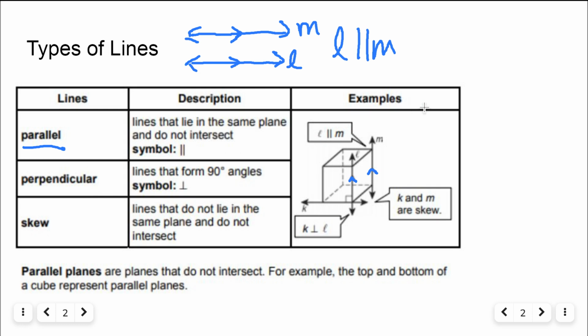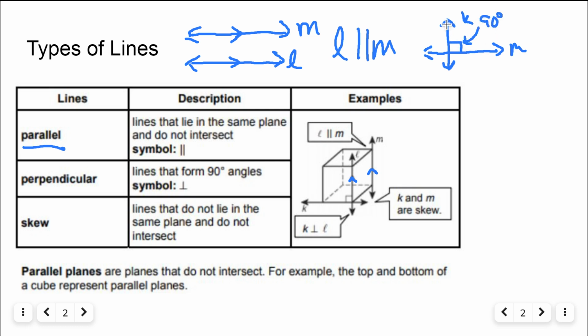All right, next, perpendicular. Perpendicular lines are lines that form 90-degree angles. Okay? Lines that make a right angle. All right, so if I have a line here, and then I draw a line here, like for example, line K and line M, and I put this small little box in here. Remember that box represents 90 degrees.